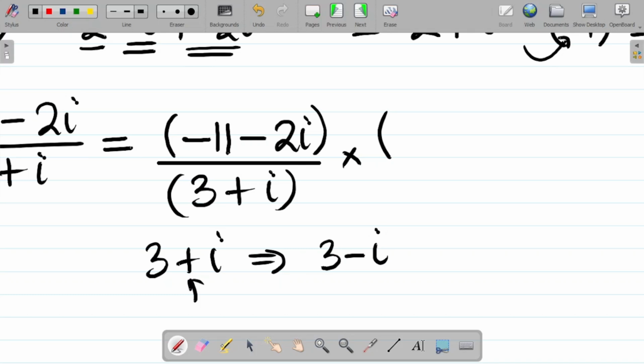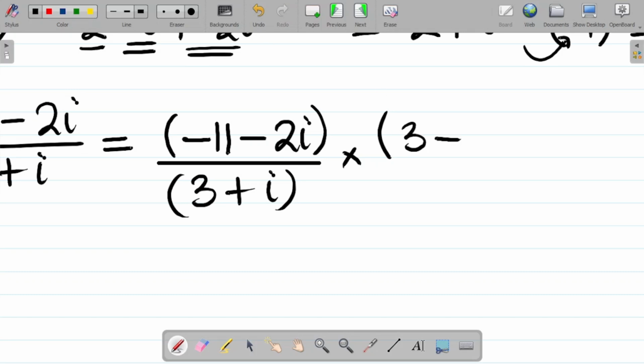So in getting the conjugate of this complex number, it means changing the sign attached to the imaginary part to the opposite. That becomes 3 minus i. So I'm multiplying numerator and denominator by the conjugate of the denominator. That becomes (3 minus i) over (3 minus i).